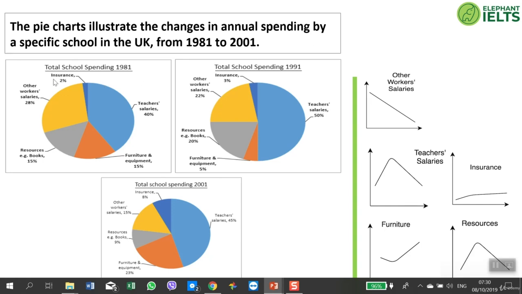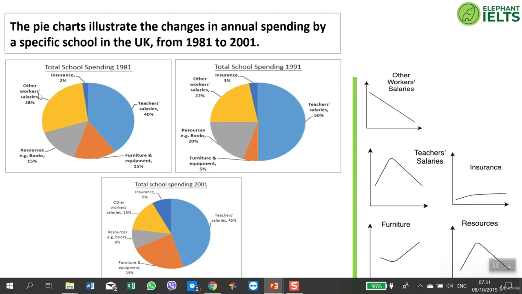So you can see instead of a key, we have these here, which show where the school spent its money. Now remember, as we said before, you should draw a little line graph to show each trend. Because remember, here there are 5 different trends.